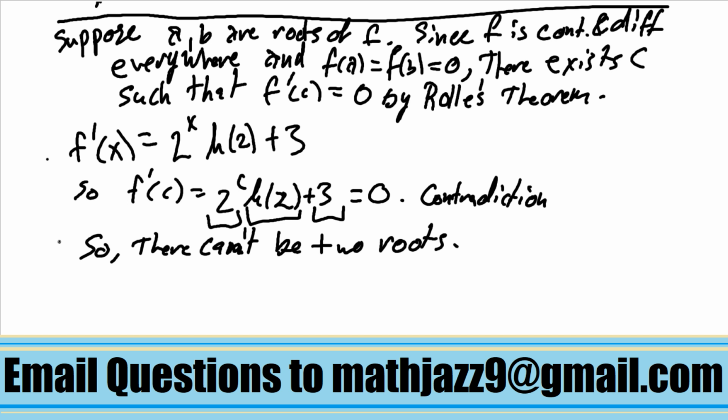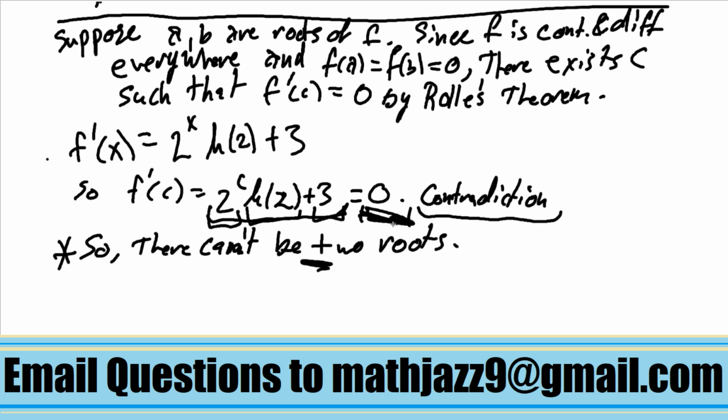Okay, and that might seem a little strange. How did I go from this statement to this one? Well, here's the thing. In mathematics, whenever you get a contradiction, a false statement, that means that one of the things you assumed was false. We got the false statement that a positive plus a positive equaled 0.